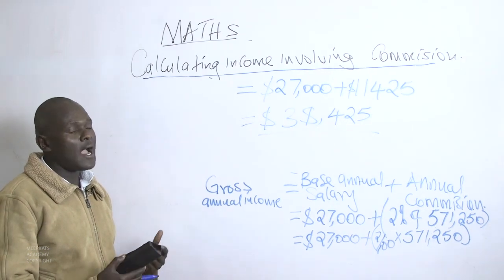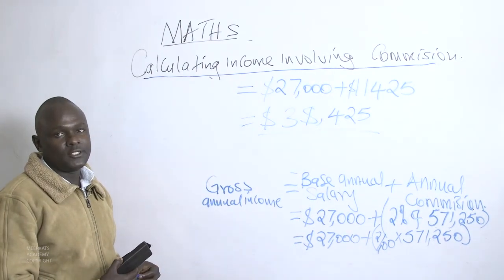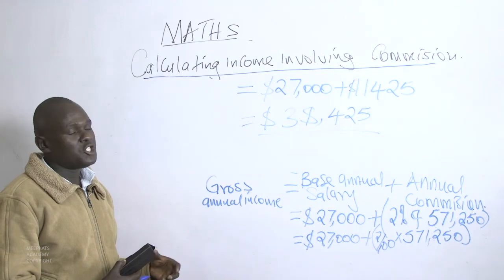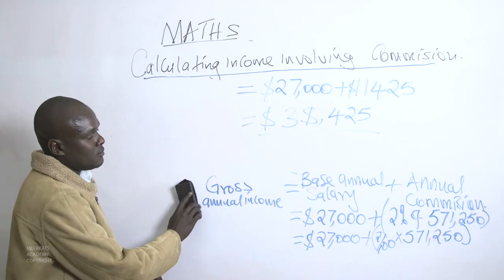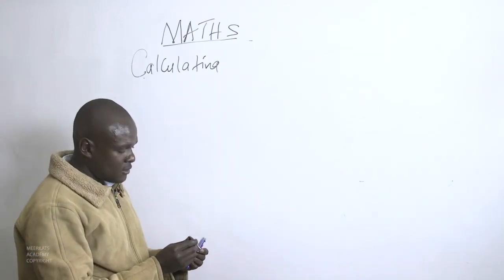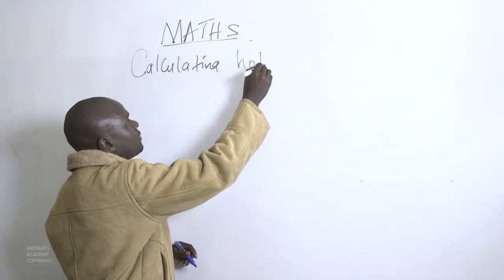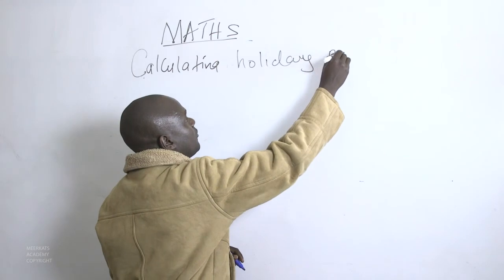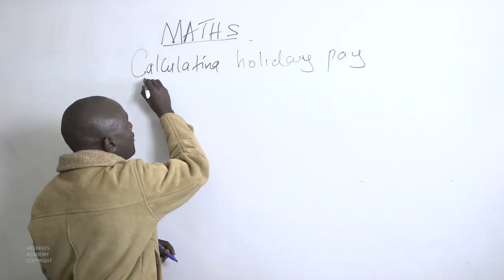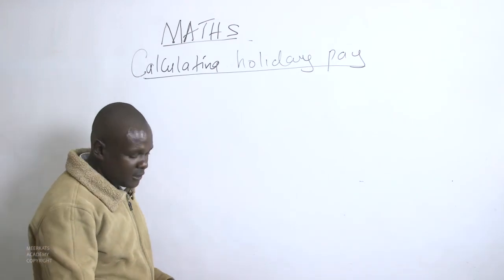We want to see how the payments will be effected in case the person is on holiday. Will he or she earn more or less? That is what we want to look at. And this is what is referred to as calculating the holiday pay.